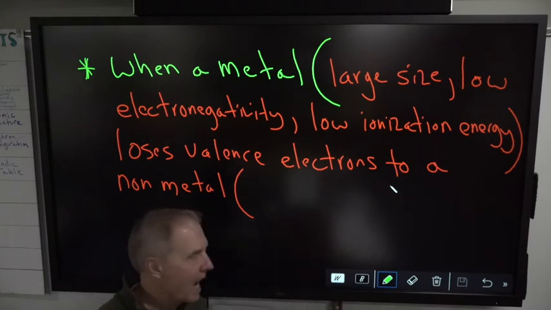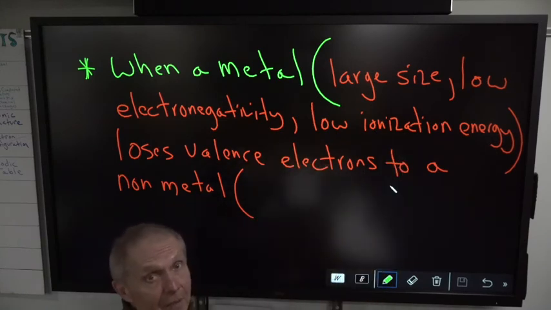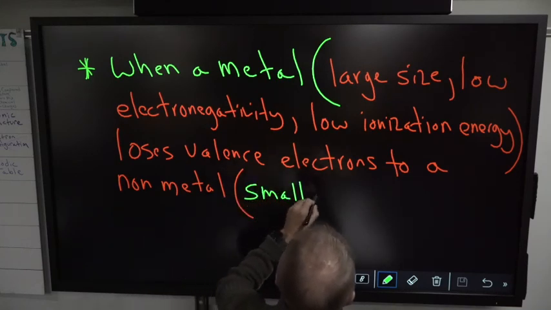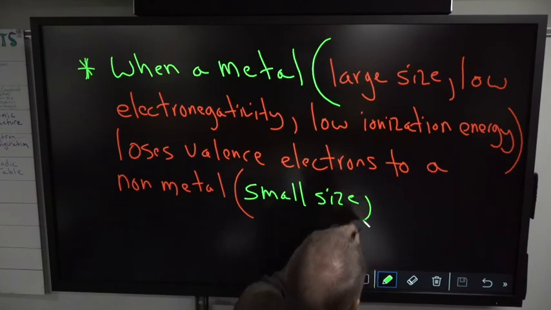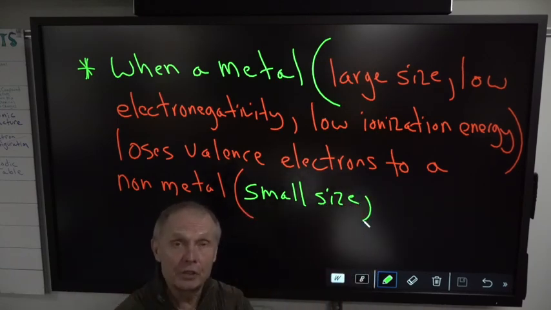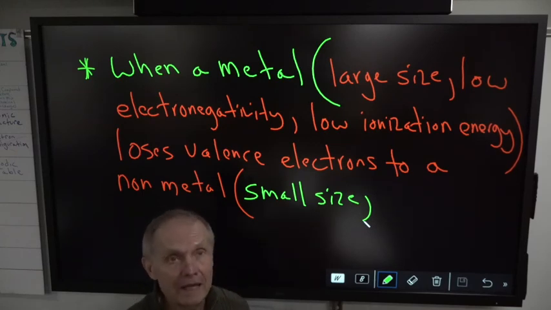Nonmetals are exactly opposite. So a nonmetal, instead of large size like a metal, it's small. And if it's small, that means the valence shell and the valence electrons are close to the nucleus, which means it's capable of attracting electrons.